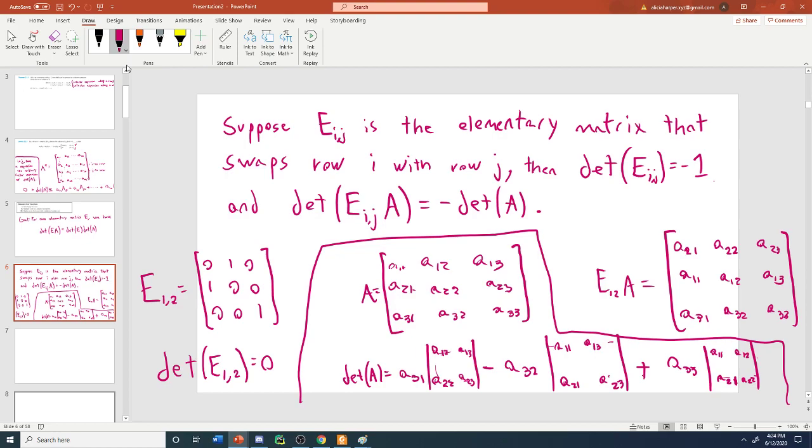So that's how you can see right away that this statement is true, at least in this very specific case. The general case is basically proved the same way, by induction on the size of the matrices.